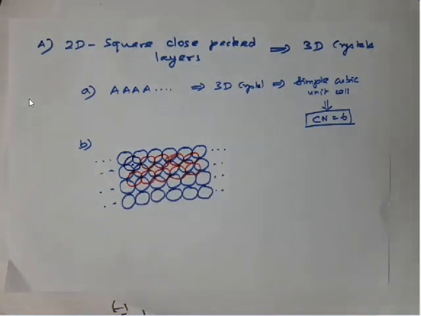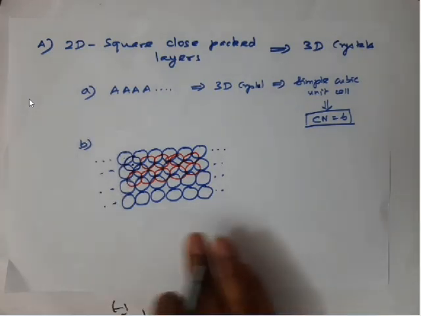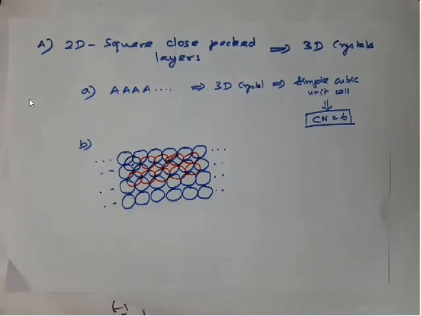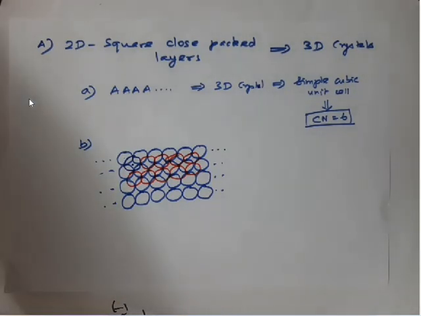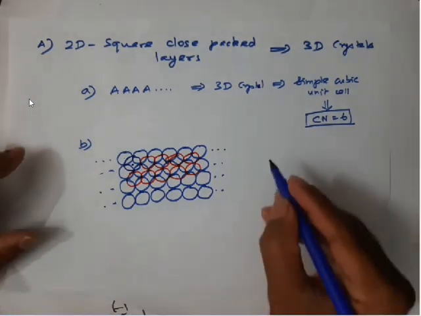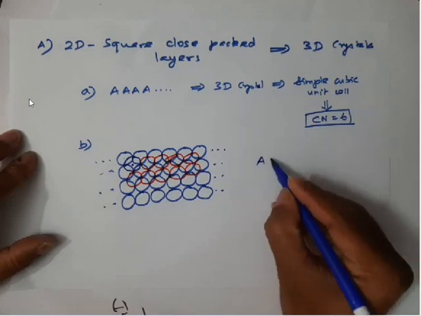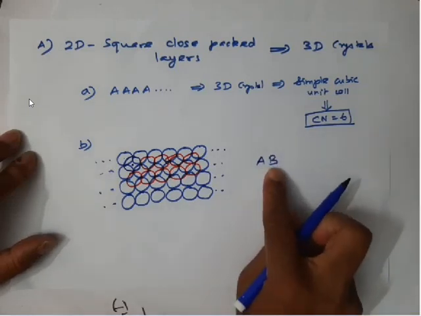Which means if the first layer atom is A, then the second layer atom is a different layer, which we represent as B.